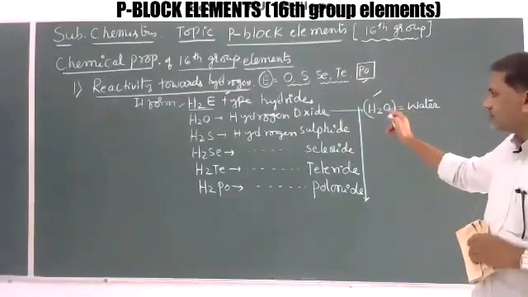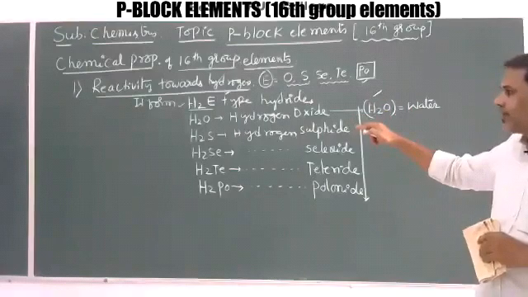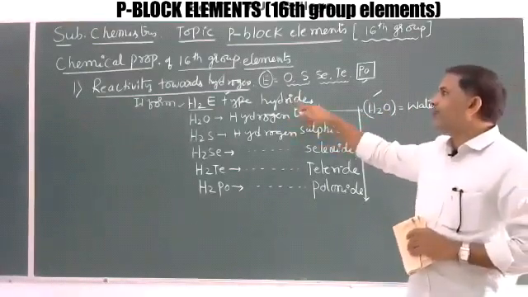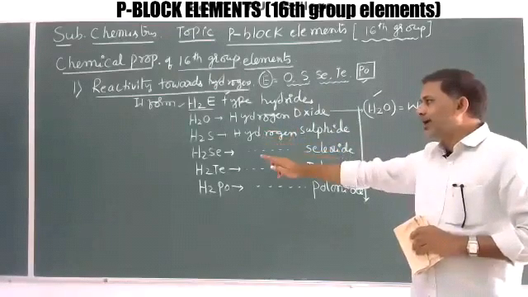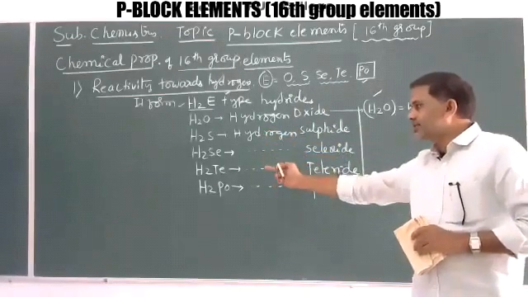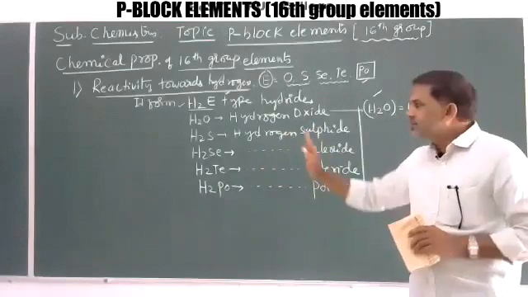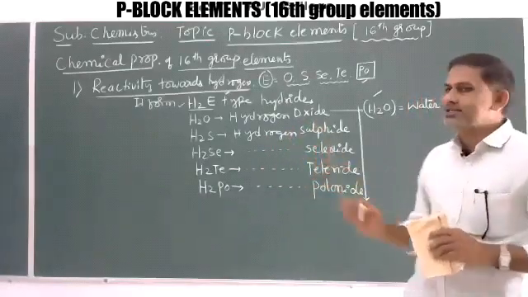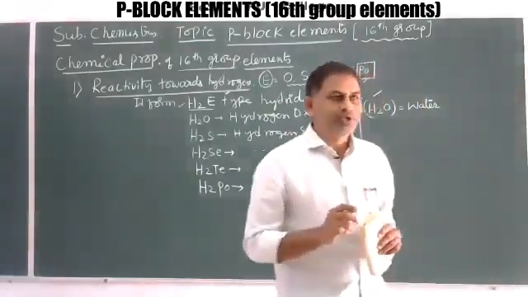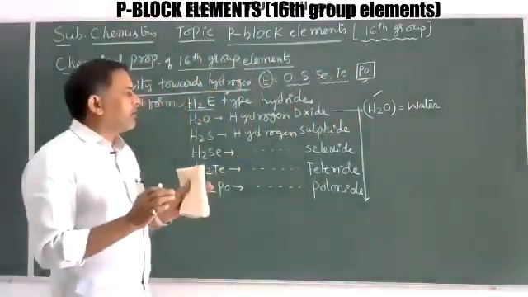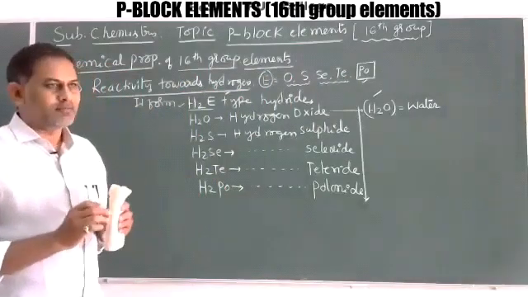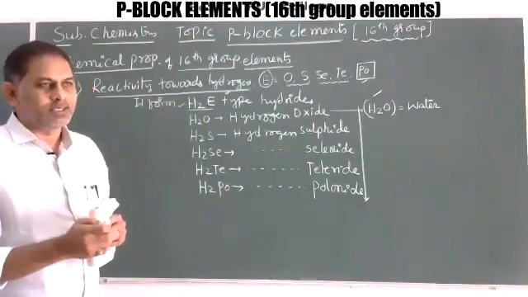On the basis of all these hydrides of 16th group elements, H2O, H2S, H2Se, H2Te, H2Po, there are some important points about these hydrides. They may be useful for objective or theory questions, increasing order or decreasing order.